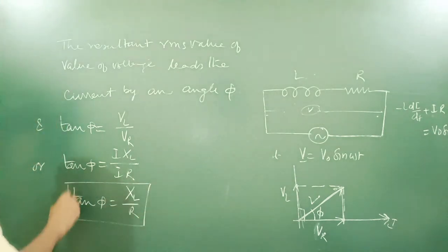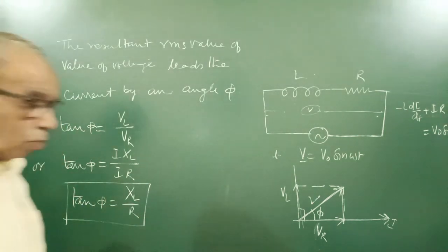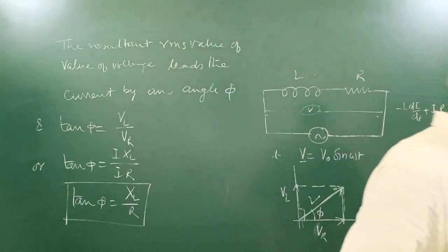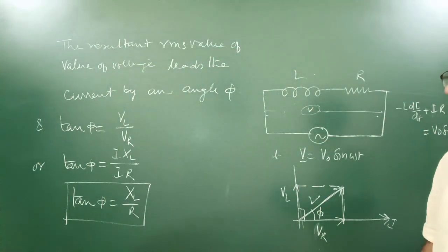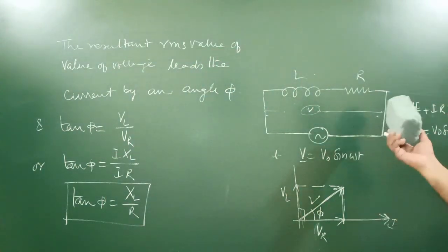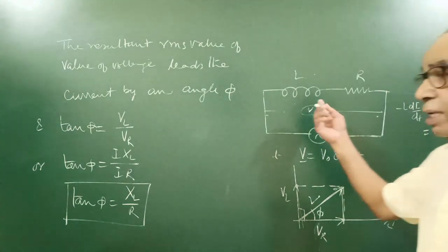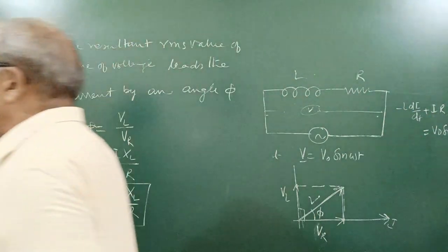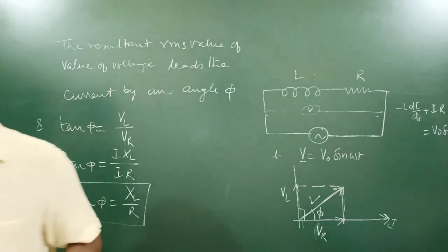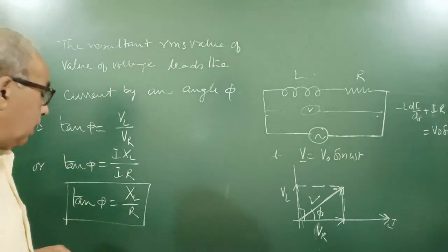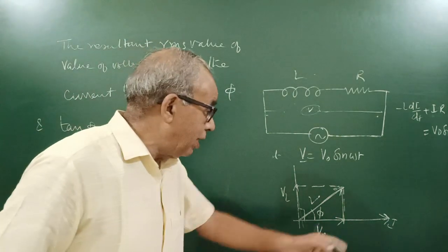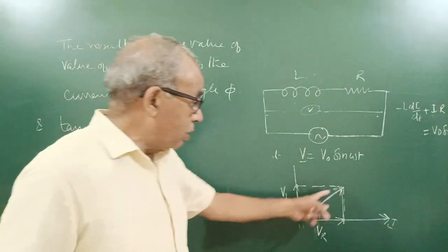Numericals are asked generally on these topics very frequently in board exam and every exam. You have to remember that in case of inductor, voltage leads the current by pi by 2. In case of resistance, current and voltage are in same phase. So resultant voltage is this.